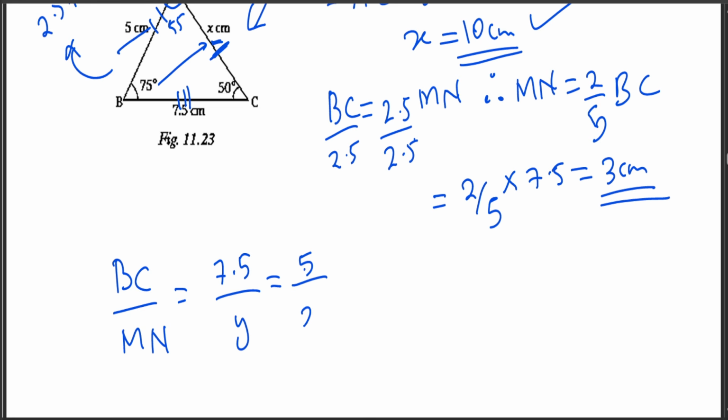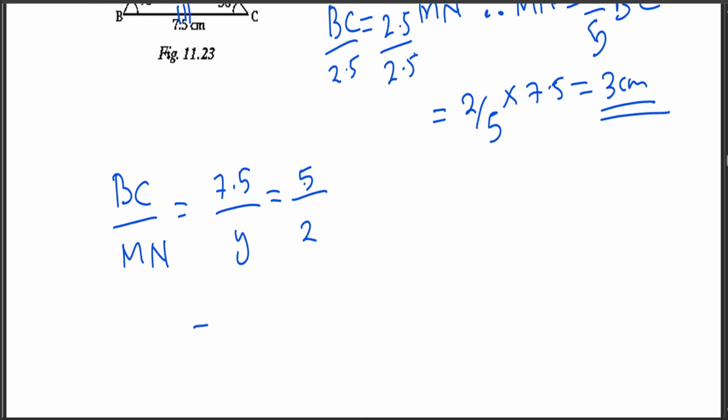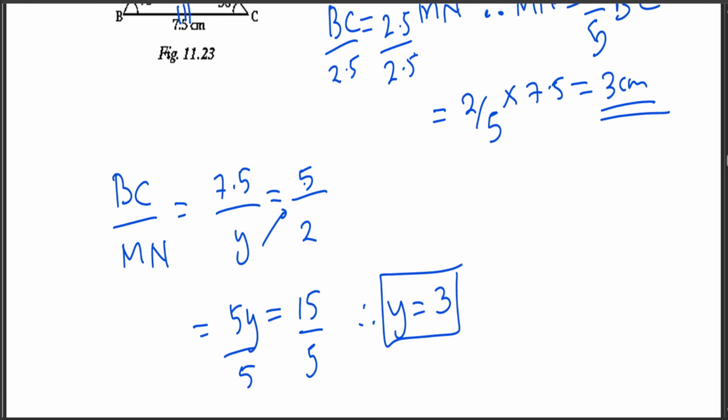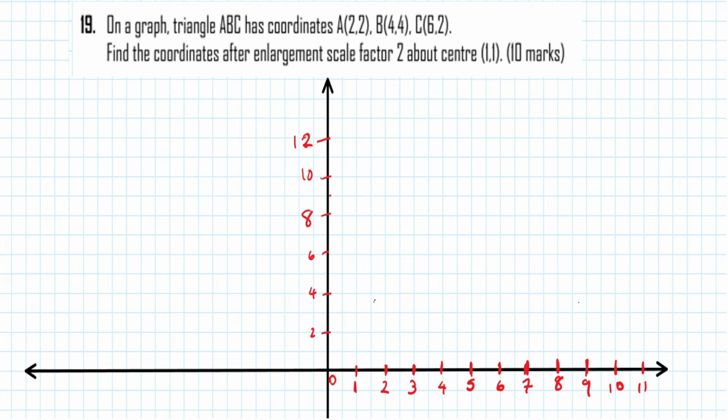Yes, 5/2. So cross multiply there. So y times this will give you 5y. 7.5 times 2 gives you 15. Divide by 5, divide by 5, and therefore y is equal to 3. That's also another way.